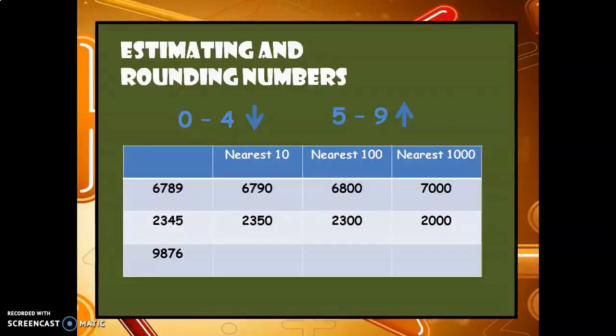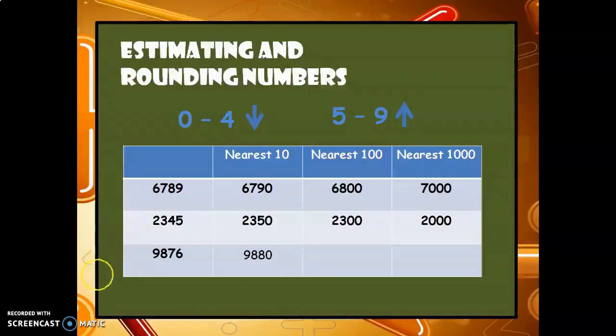Now try to do the third number, 9,876. Try to round it to the nearest 10, 100, and 1,000. If your answer for rounding the number to the nearest 10 is 9,880, you are perfectly correct.